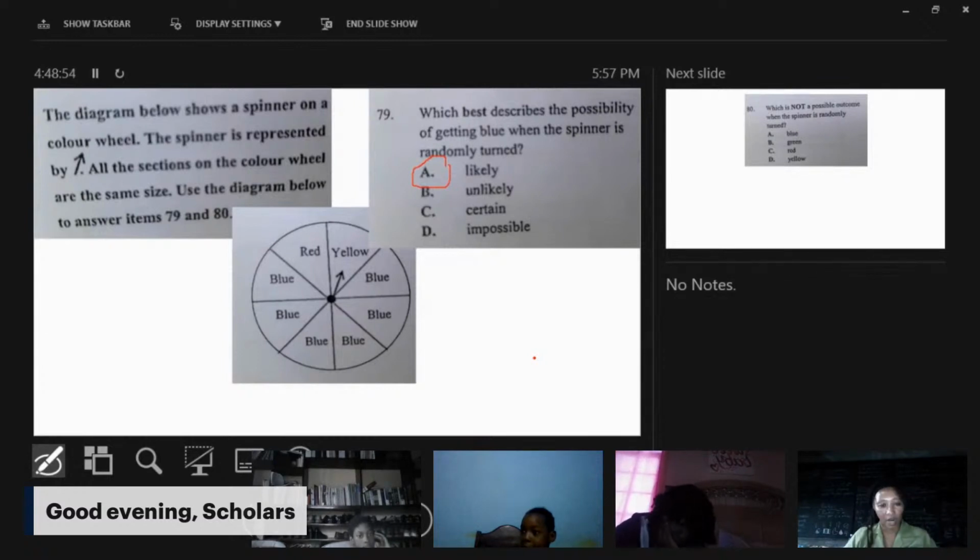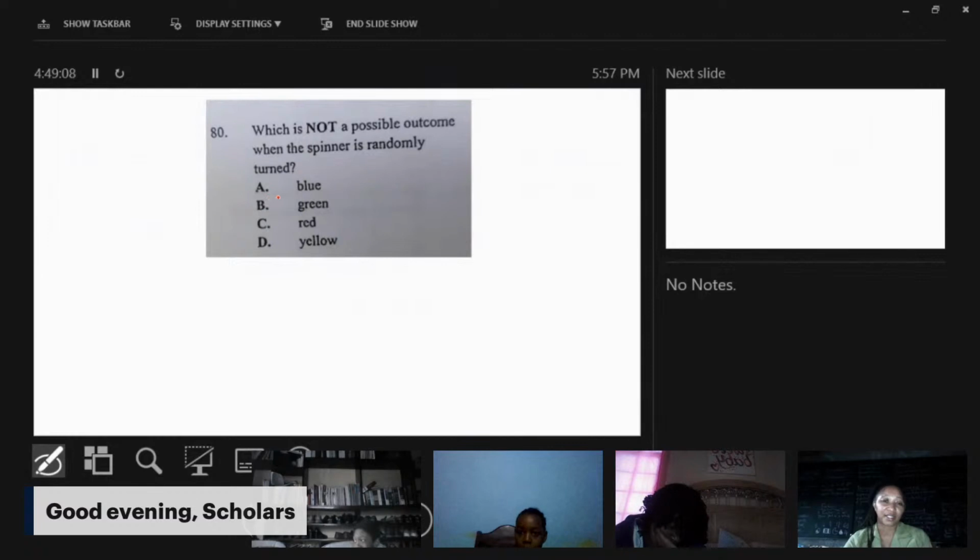All right, go ahead, Leshande. What do you say? Miss, green. Because, Miss, green is not on the spinning wheel. Correct. So there's no green, so there's not a possibility to get green, right? Unless it's going to just magically appear. Right.